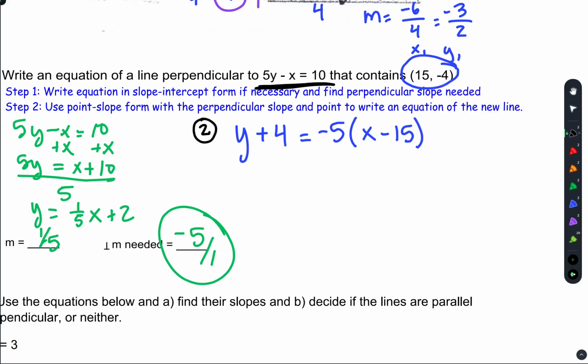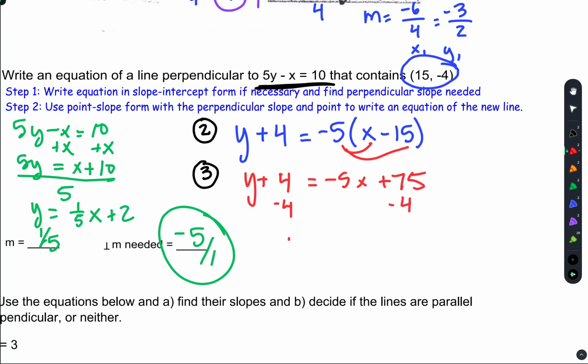And I finish it off in slope-intercept form. I got to distribute first, actually. Y plus 4 equals negative 5x plus 75. Subtract 4 on both sides. Y equals negative 5x plus 71.